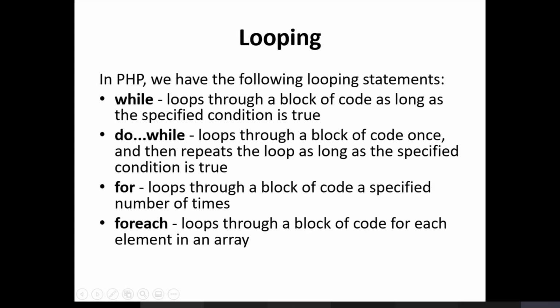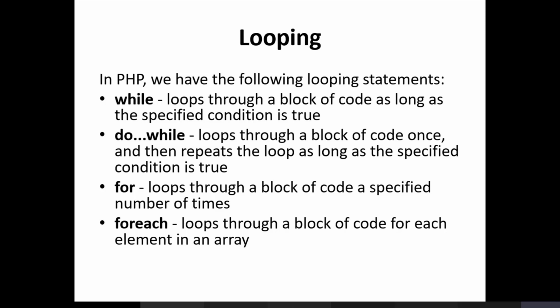Moving ahead, we have looping, where we will be working with the loops in PHP. In PHP, we have the while loop, do while loop, for loop, and foreach loop. So these four are the looping statements. Let's go through each of them one by one.